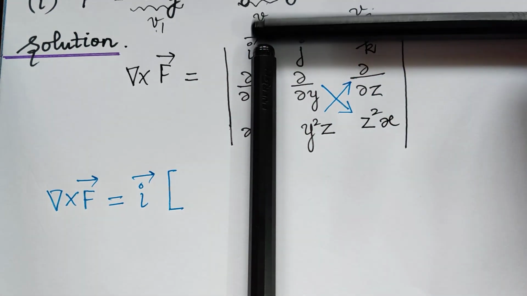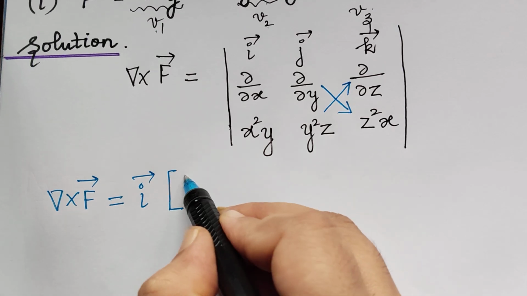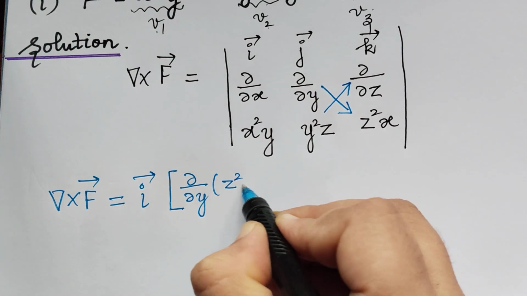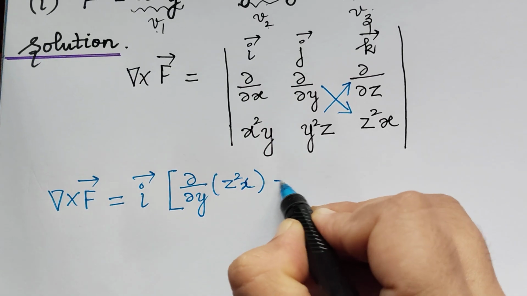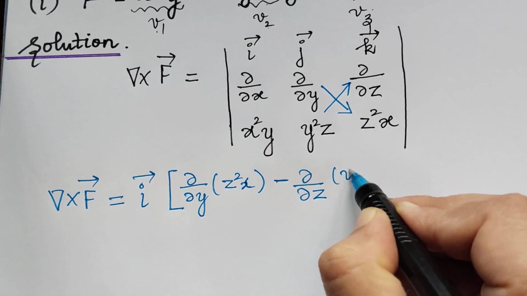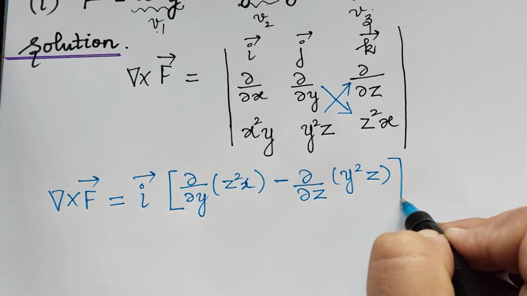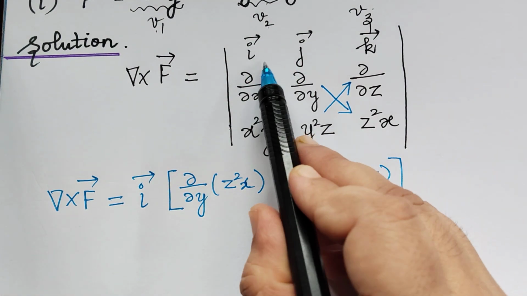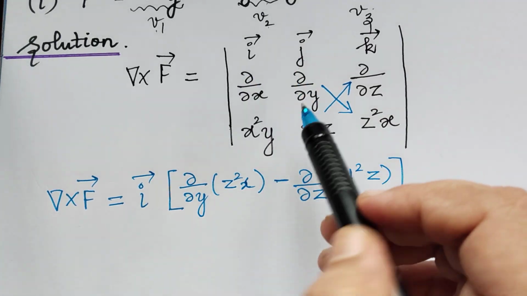Let us write that. It will be ∂/∂y of z squared x minus ∂/∂z of y squared z. So the first component is done. For the second component, we should take a negative sign as per the concept of determinant.